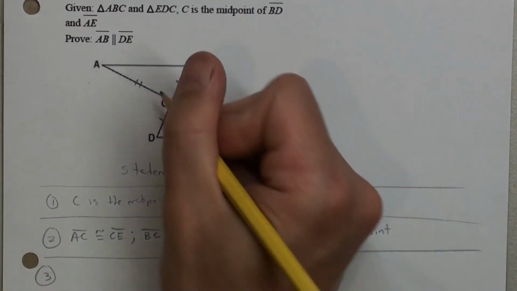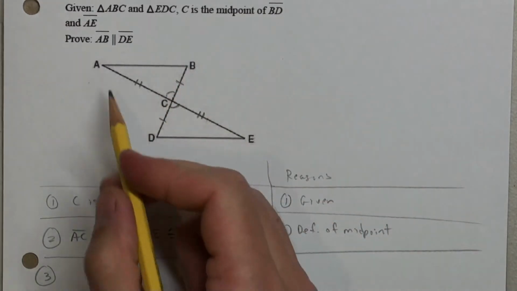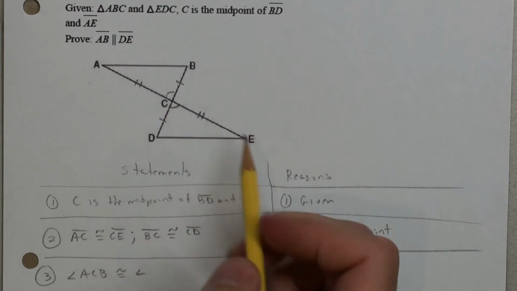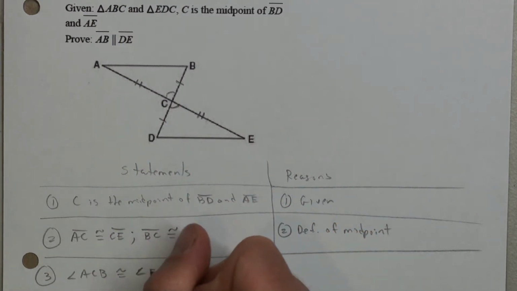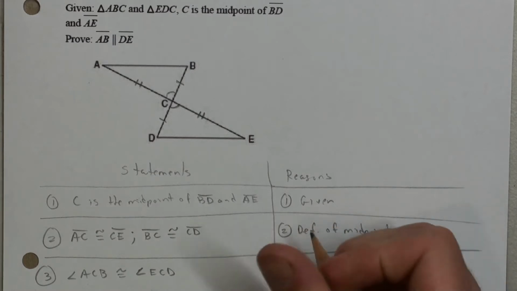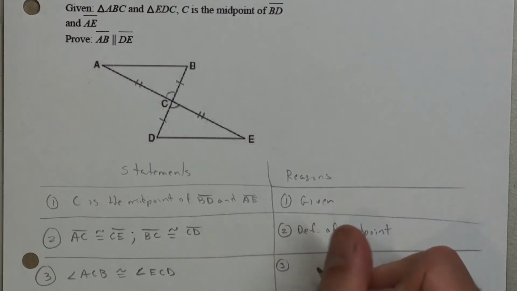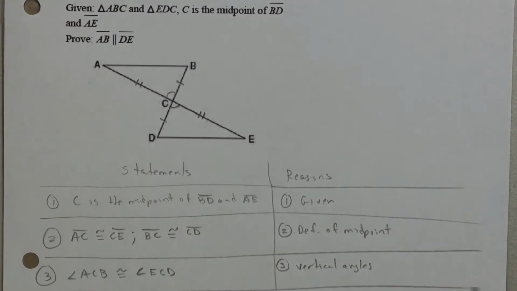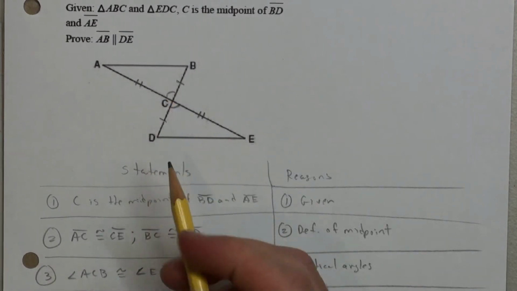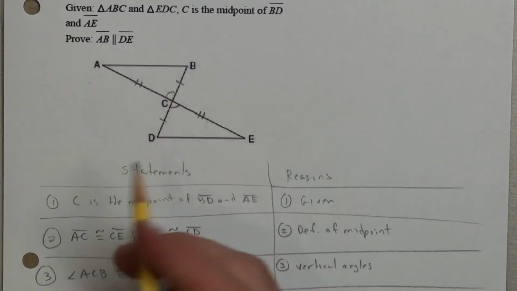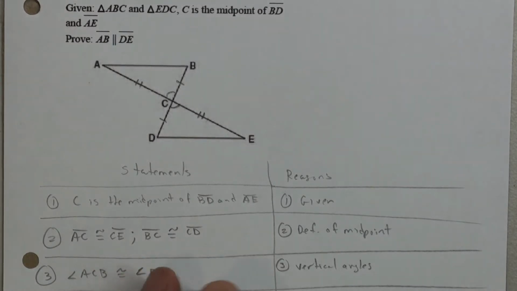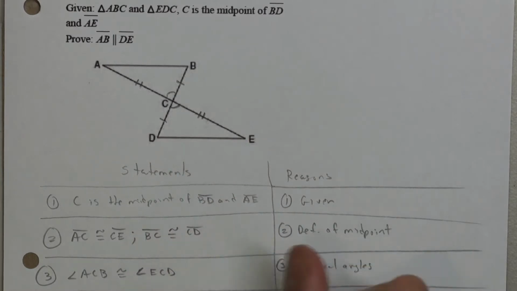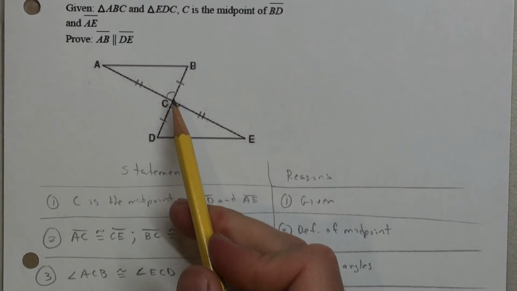Now number 3, we know that these two angles are congruent, so angle ACB is congruent to angle ECD, and that's because of vertical angles. Now we know the two triangles are congruent, so triangle ABC is congruent to triangle EDC, and that's by angle, side, angle, side.